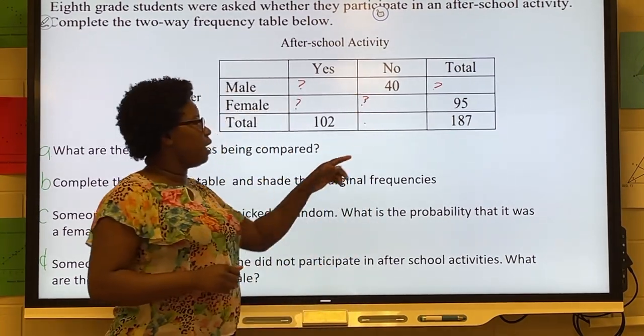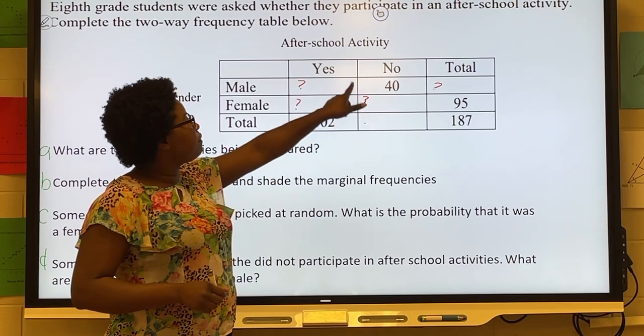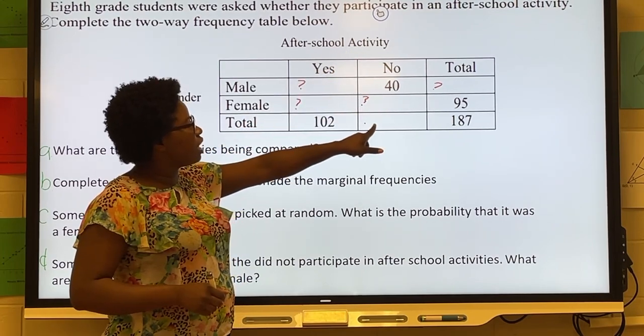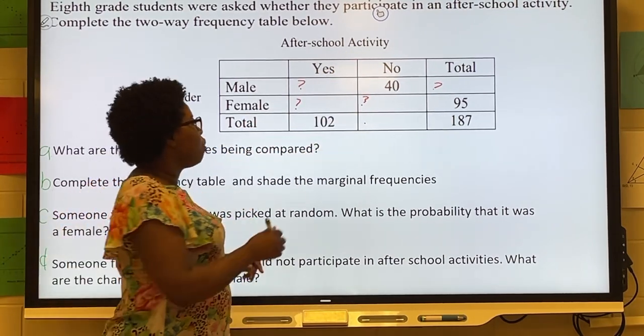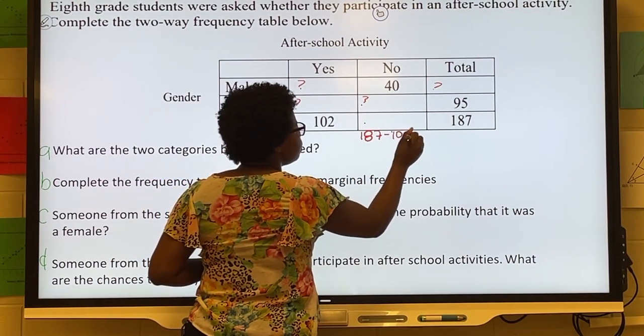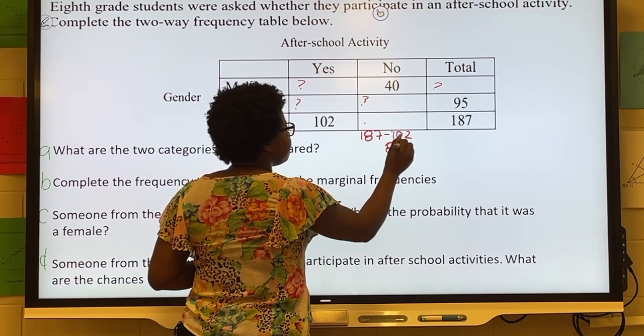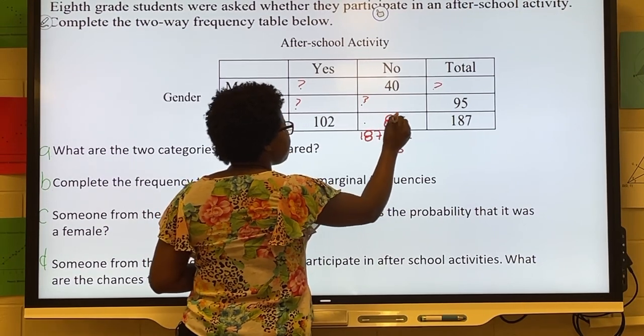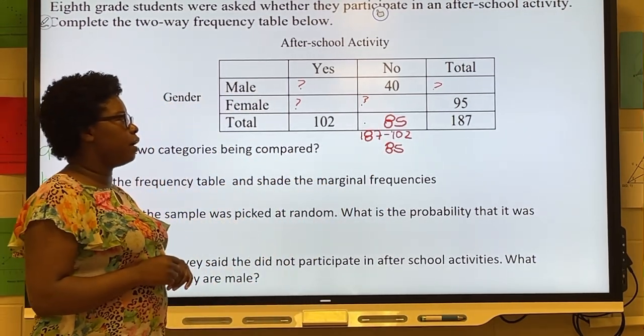So to find this missing cell, the total amount of persons who said no, we can say 187 minus 102 and this will give us 85. So a total of 85 persons said no, alright?